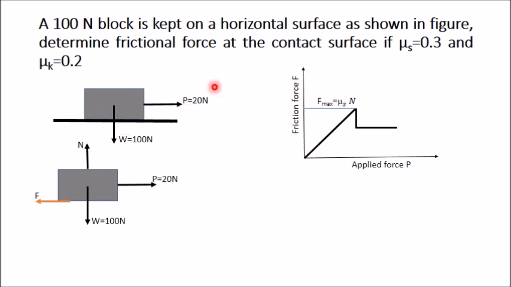If applied force P is more than this frictional force, in that particular case this will not be in equilibrium and this block will start accelerating towards right side, and in that case friction force will be constant for all values of P. For any value of P greater than the maximum friction force, the friction force will be constant and will be given by μk into N, where kinetic friction comes into play because this body has started to accelerate.